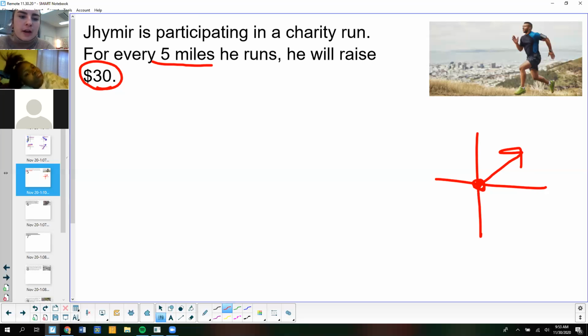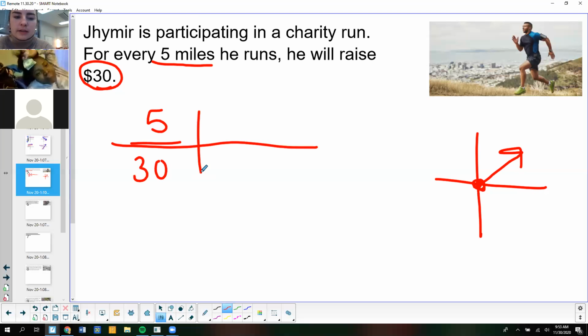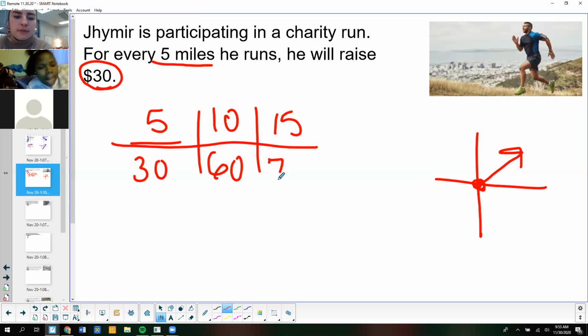So if for every 5 miles he runs, he raises $30, we could write a table from this. In 10 miles, he would raise $60. In 15 miles, he would raise $75.